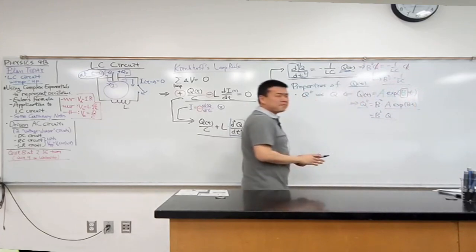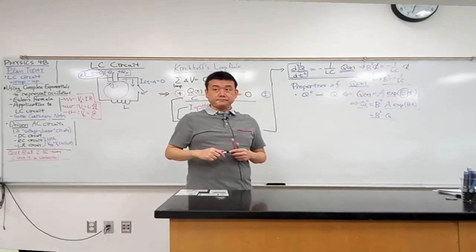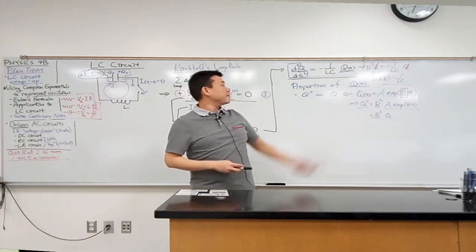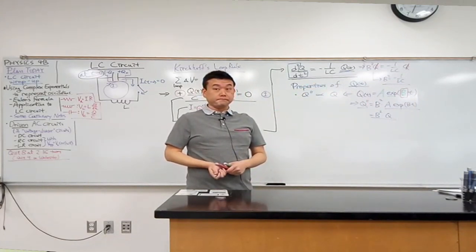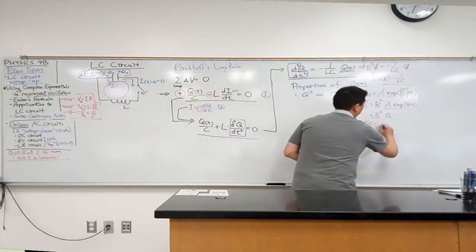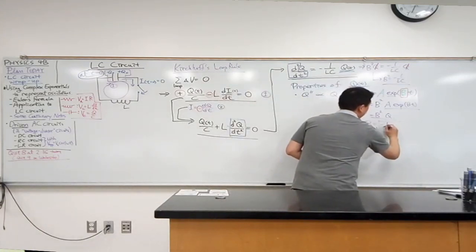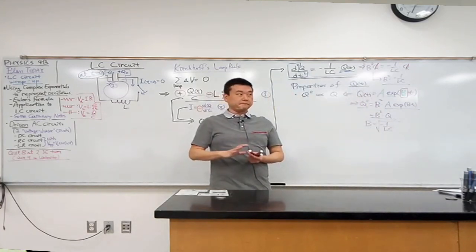Is that a condition that can be satisfied? How do you satisfy this condition? What value should b be? If I write down b is equal to the square root of minus 1 over LC, anybody got any issues with that?